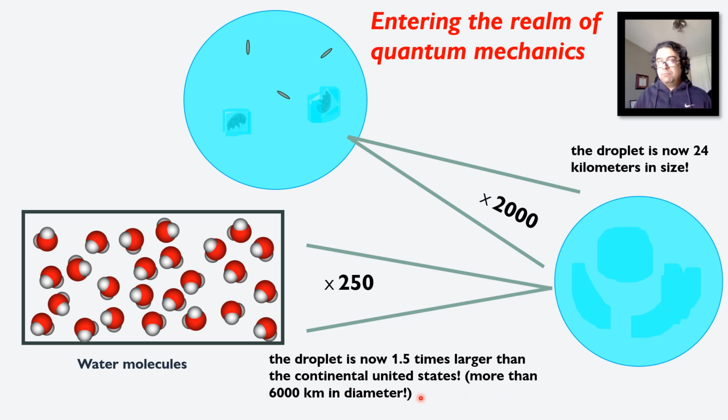Or perhaps I can make a comparison like this: it can be assumed to have a diameter roughly about the size of Earth's radius. That's how big I have to magnify the water in order to see this.